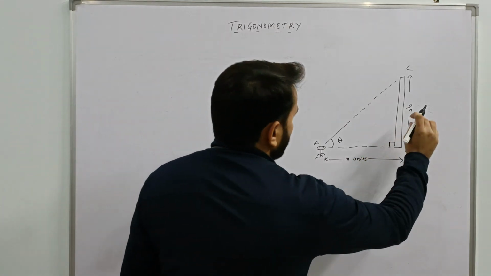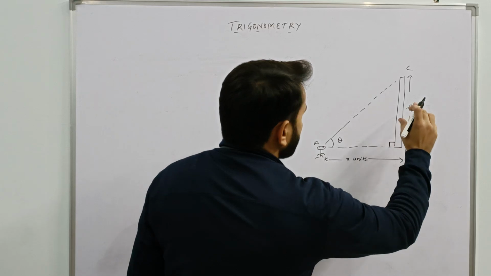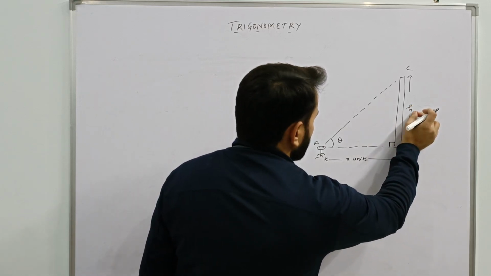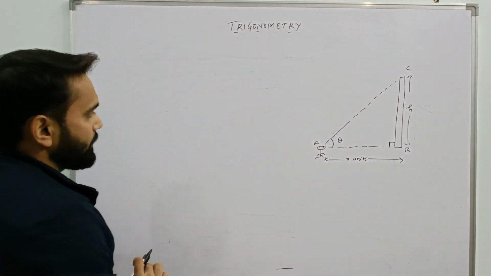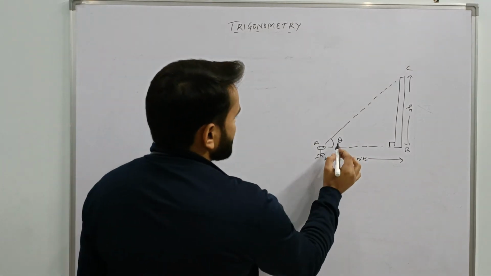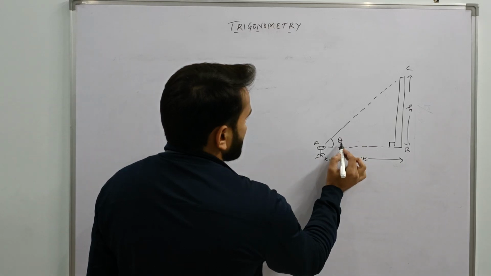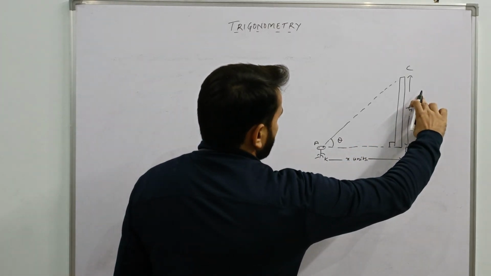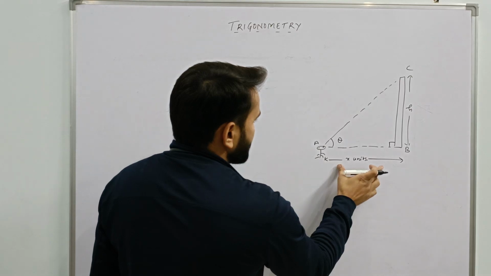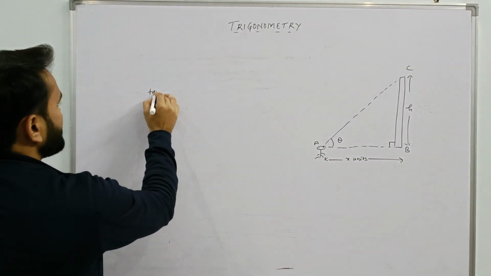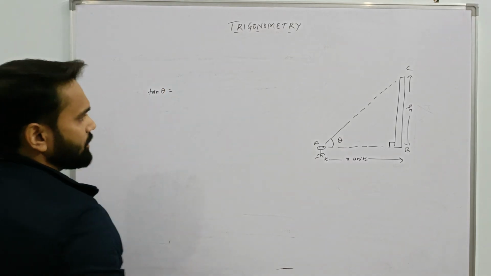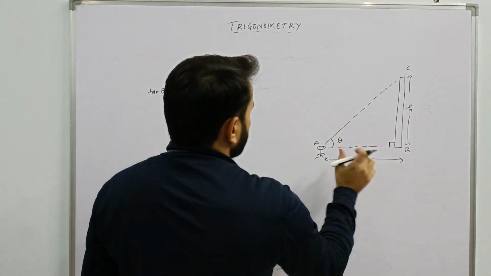And if I want to find the h, so I must have a relationship between h and x and theta. Okay, so here you can see with respect to this theta, this side is perpendicular and this side is base. So I can use tan theta. So tan theta will be equal to perpendicular upon base.